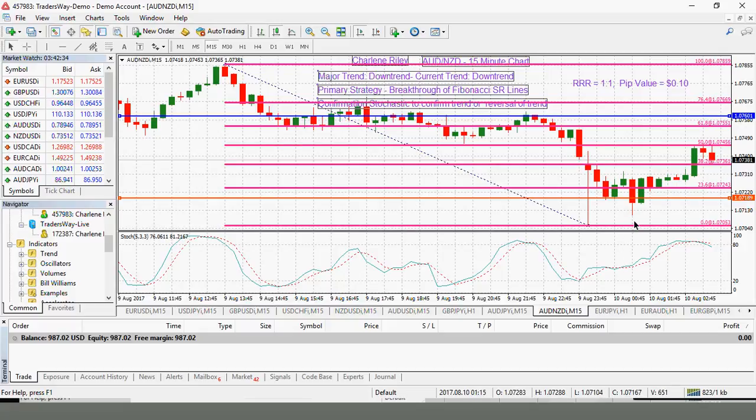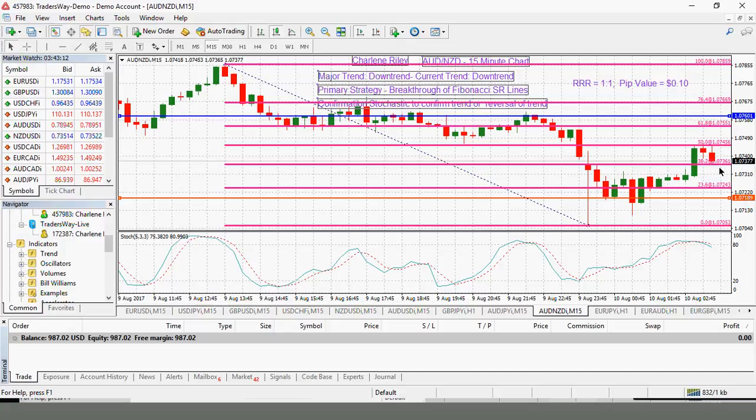What we have here is a reversal. It looks like it's reversing to a downtrend. So what I am looking for as far as a trade setup is a breakthrough below the support line of 1.07361.